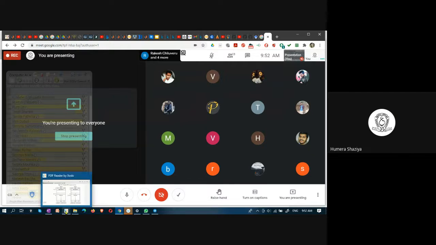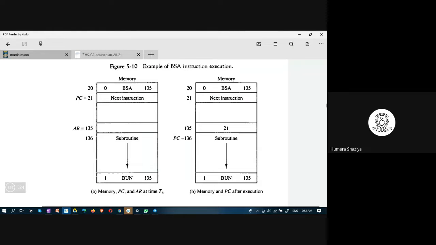What I gave yesterday, this one? Ma'am, you gave that memory instructions. Yeah, this is also part of memory instruction, no? BSA, branch and save return address. Did you learn or not? Not at all, ma'am. Okay, then I will explain to you.